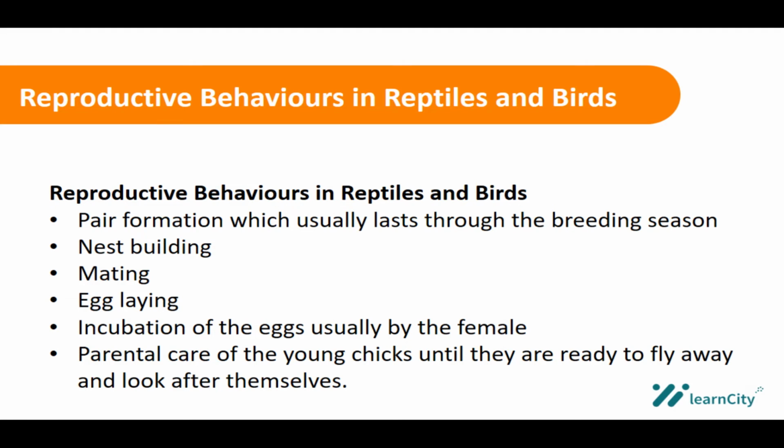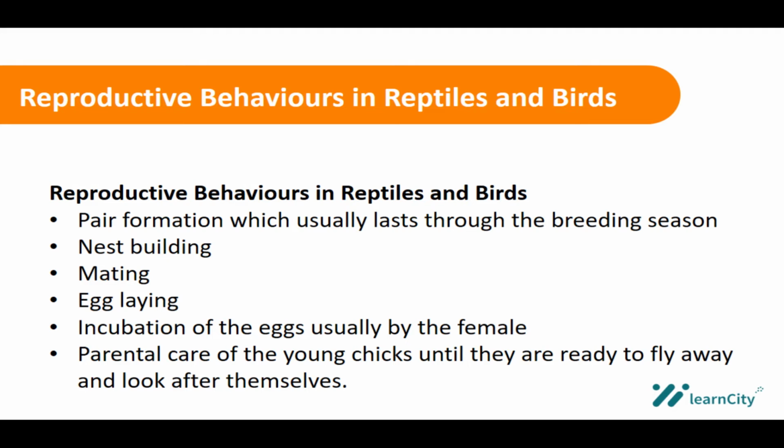Pair formation lasts throughout the breeding season. After the staking of the territory and the displays, we have the pair formation. After pair formation, we have the building of nests. Each of the pairs that are formed builds its own nest.